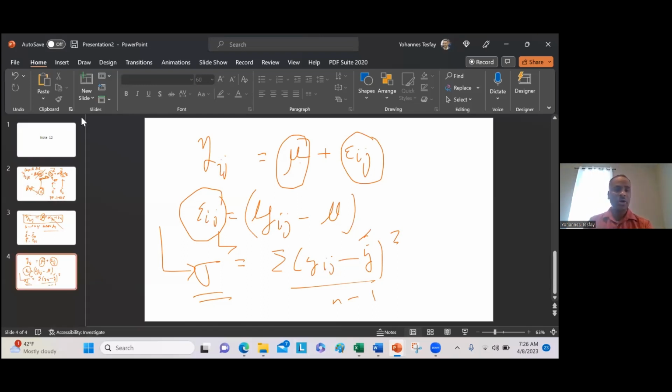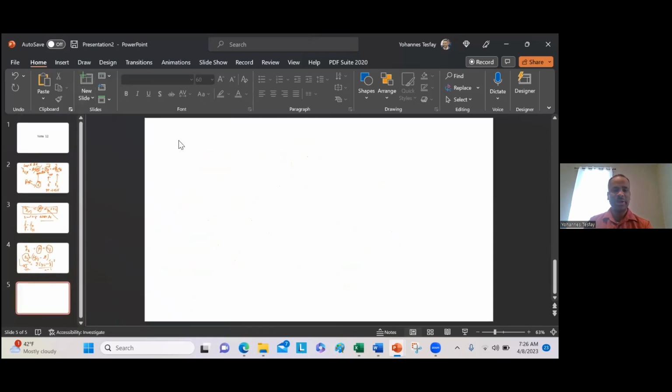So our matrix: sigma for part 1, sigma for part 2, and so forth like that, sigma for part n.